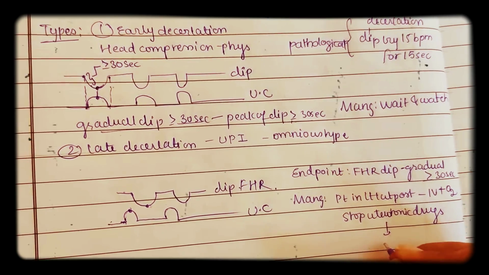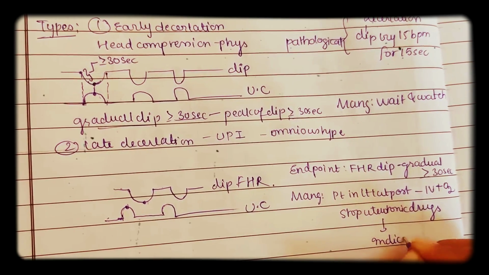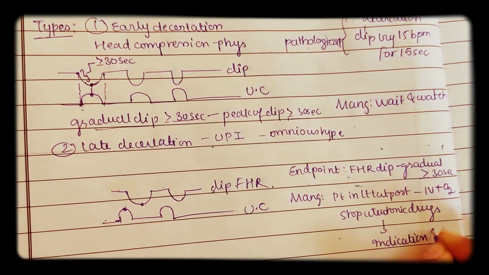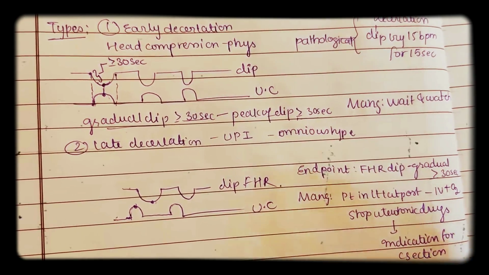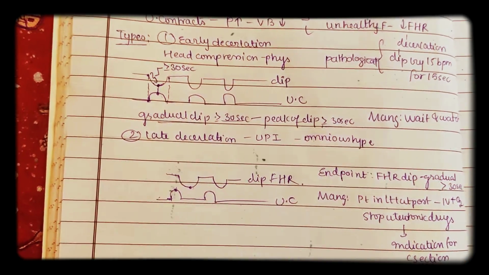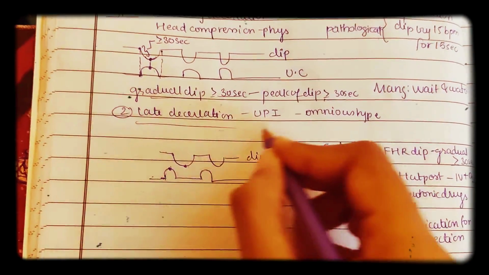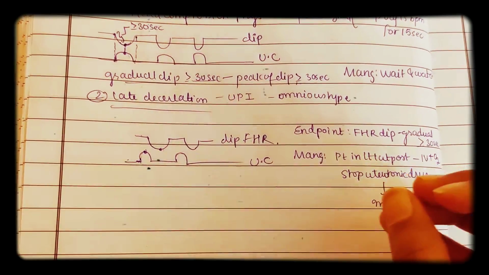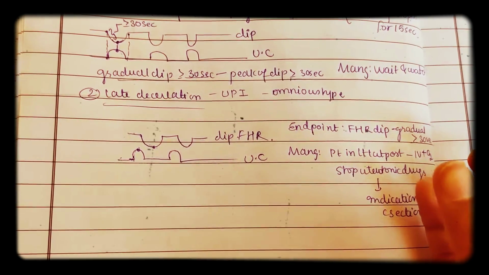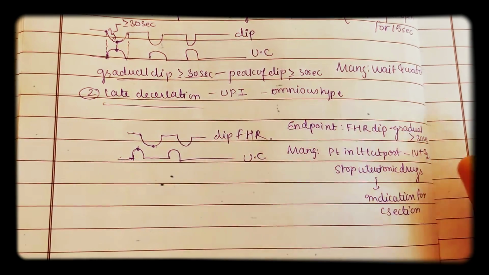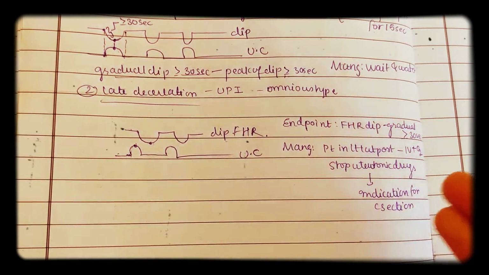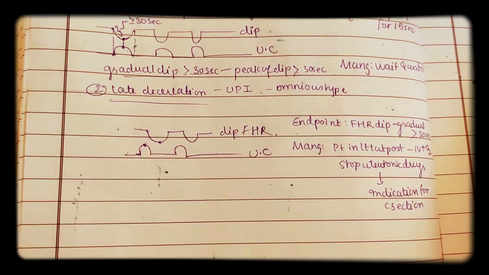If it persists, then it is an indication for C-section. So for early deceleration just wait and watch, but for late deceleration do the C-section. Of course, here you first try putting the patient in left lateral position, give IV fluids, give oxygen and stop uterotonic drugs. If it still persists, then it is an indication for C-section.